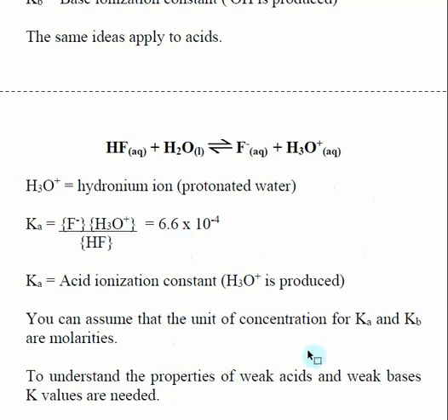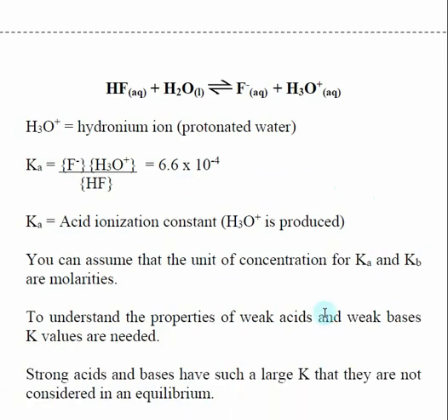These equilibrium expressions are going to be especially important when we start to work with weak acids and weak bases. So here we know that HF is a weak acid because our equilibrium constant is a very small number, 6.6 times 10 to the minus fourth. That means the relative amount of F- and H3O plus to HF is very small.